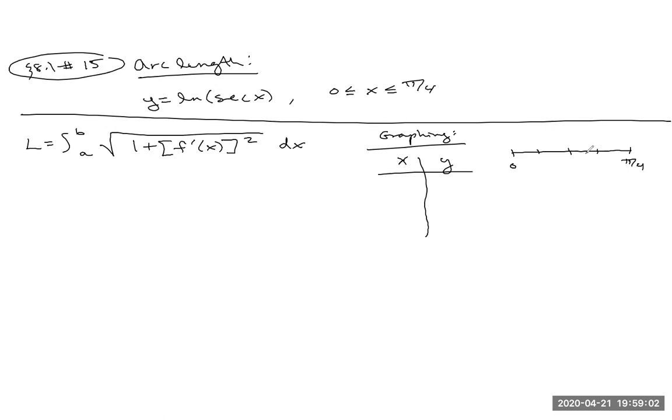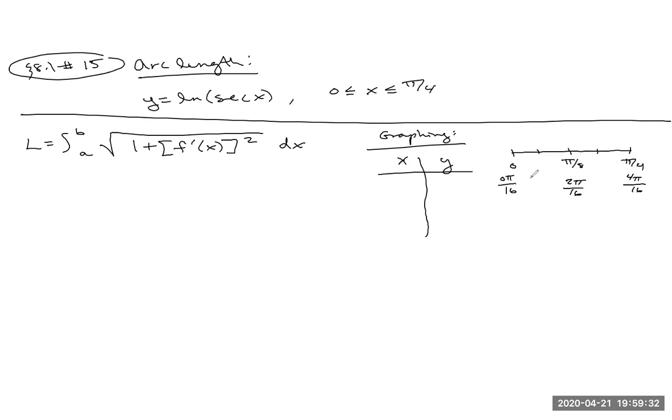One way I did it, and I can explain this in further detail later if you need. This is 0, pi over 16. This is 4 pi over 16. In the middle will be 2 pi over 16, which would be the same as pi over 8 if you took an average.